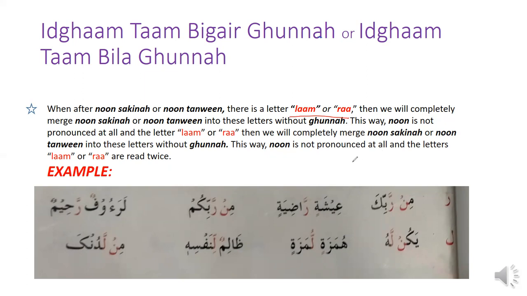This means that noon sakin is not pronounced at all, and the letter lam or ra is pronounced.